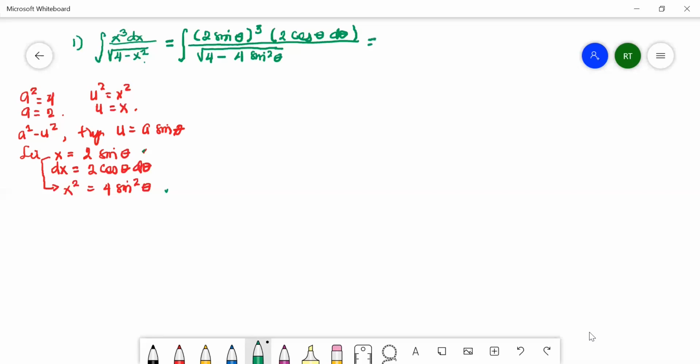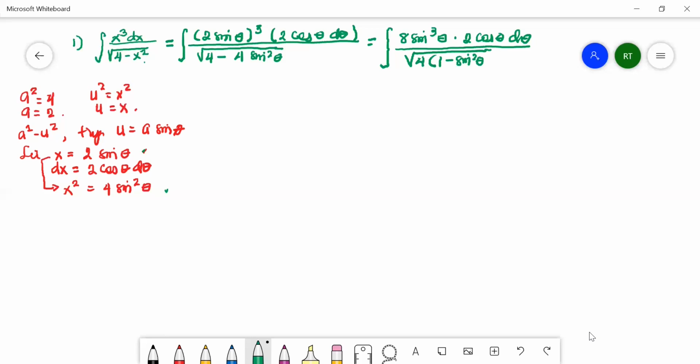Now, here in the numerator, 2 sine of theta raised to the third power is equal to 8 sine cubed of theta. Then we will multiply this by 2 cosine of theta d theta. In the denominator, the radicand can be simplified by factoring out 4, which is a common factor, so that the other factor is 1 minus sine squared of theta.